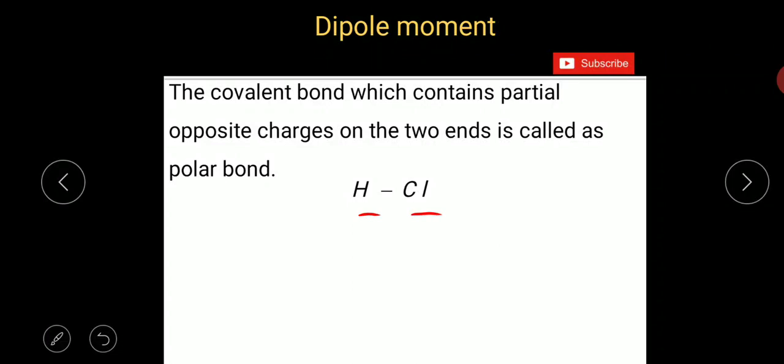The bond pair of electrons between hydrogen and chlorine is attracted more by chlorine. Because of the shifting of the electron pair towards it, chlorine gets a partial negative charge and hydrogen gets a partial positive charge, as the electron pair is moving away from hydrogen.